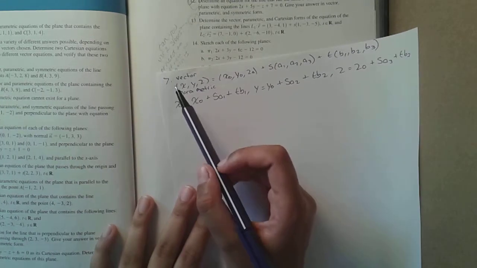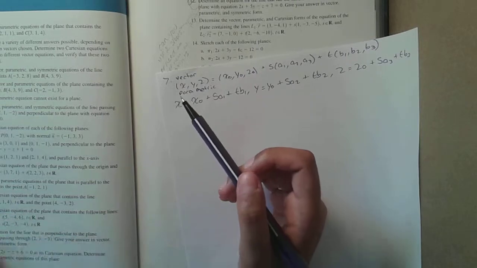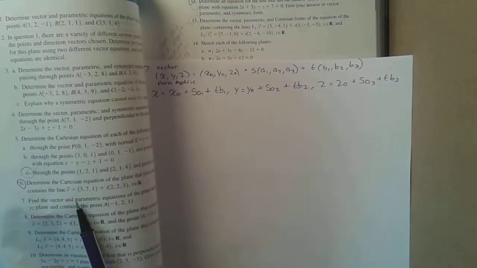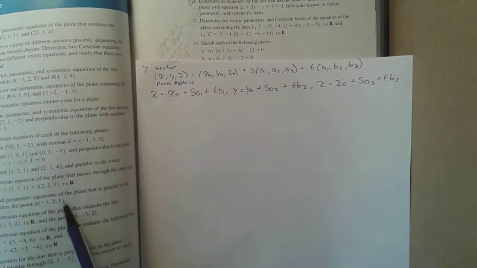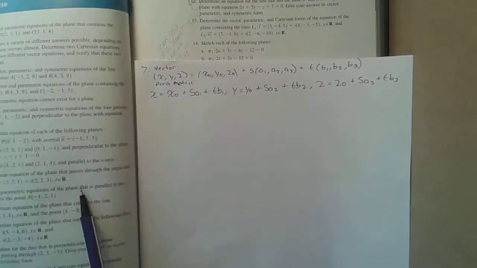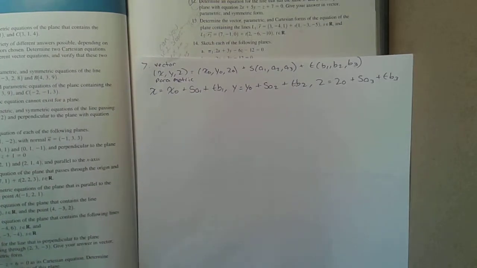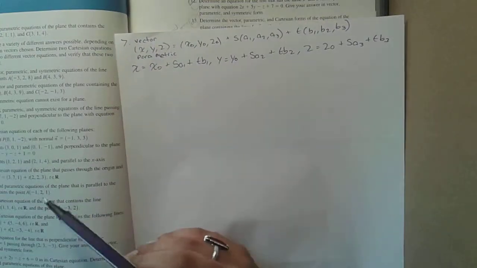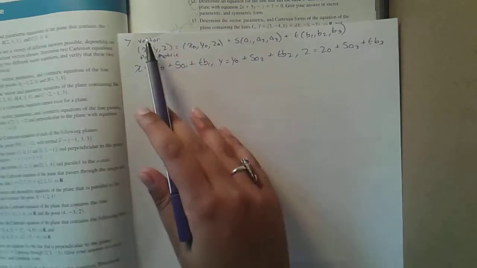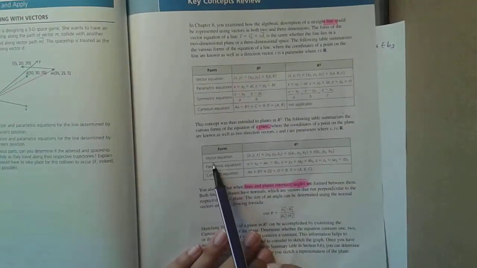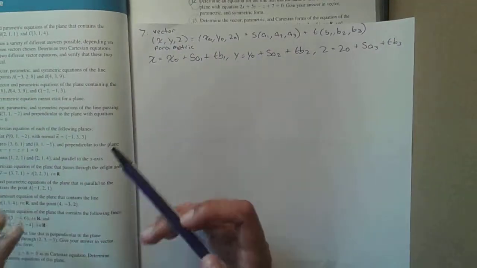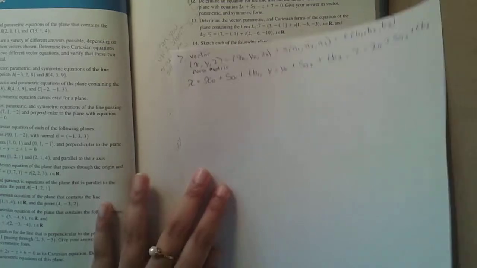Okay, so now for number 7, we have to find the vector and parametric equation for the plane that is parallel to the y and z plane that contains this point. When it says it's a plane, we use the plane equations, and it says for the y and z planes.